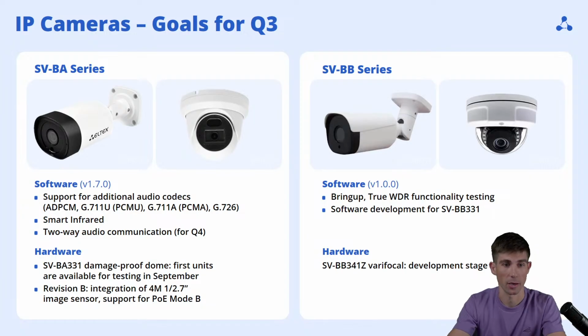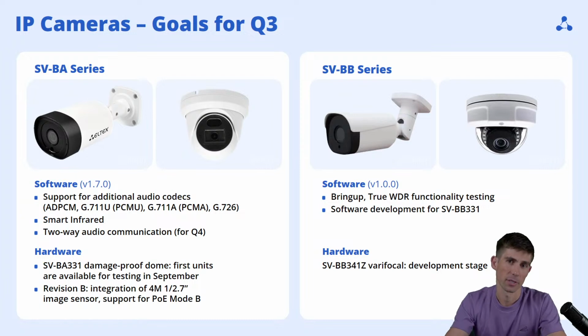We are adding more advanced infrared lighting, to avoid overexposing, avoid getting an object too bright when it's getting close to the camera. And two-way audio communication is coming in the fourth quarter of the year.